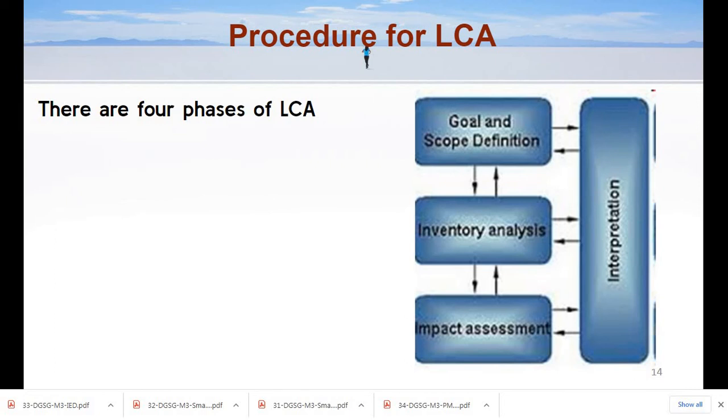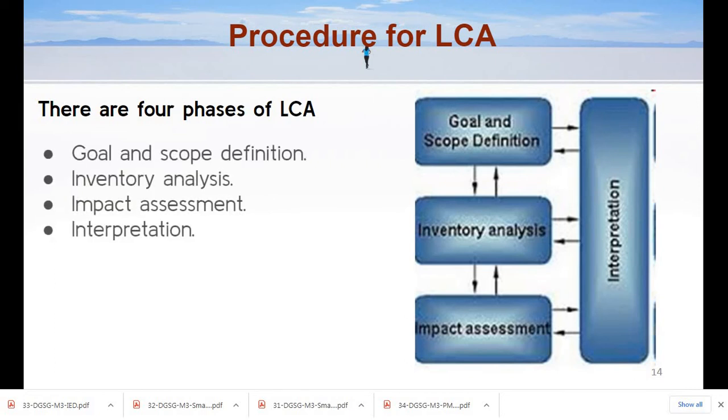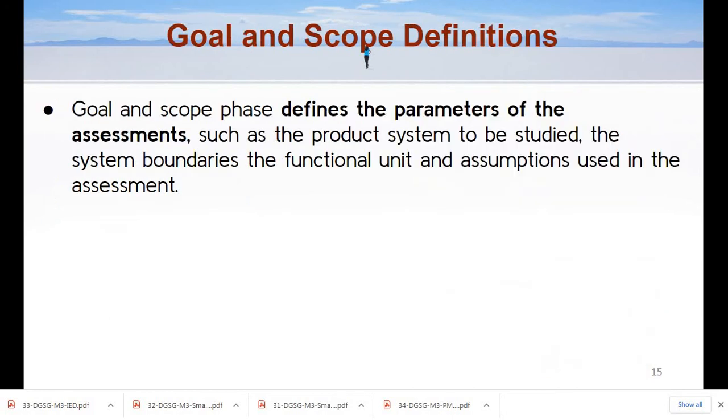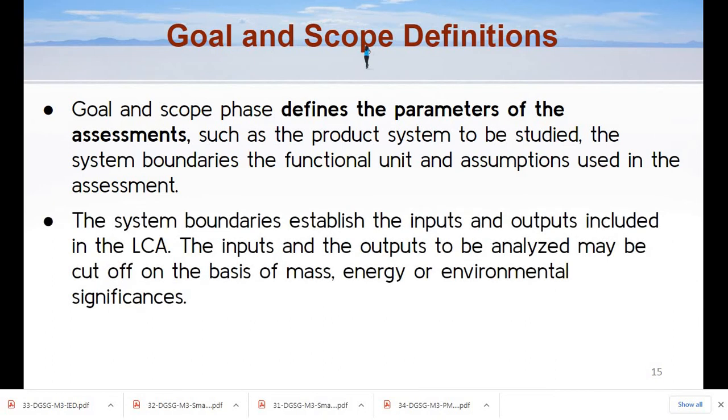Here you can see the procedure for LCA. It consists of 4 different phases: goal and scope definition, inventory analysis, impact assessment, and finally the interpretation. In goal and scope definition, we define the parameters of the assessment, such as the product system to be studied, the system boundaries, the functional units and assumptions.